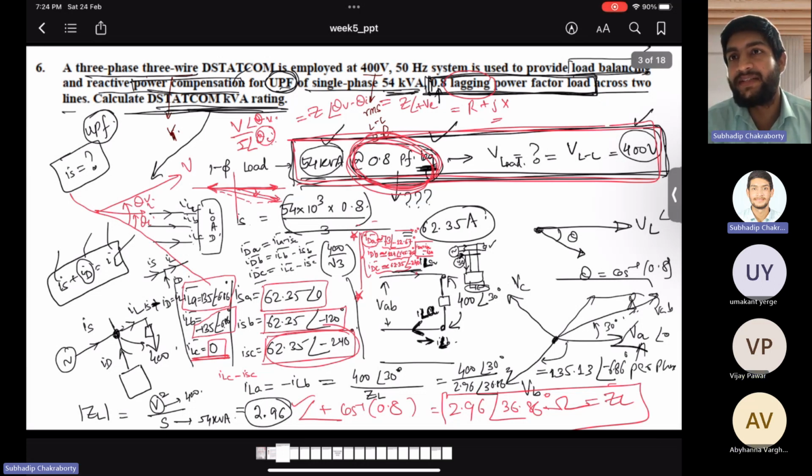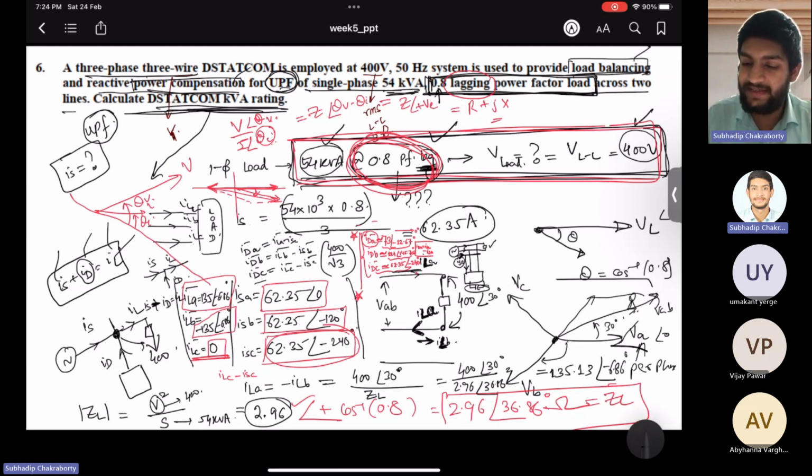But my point was that if your DSTATCOM is used only for injecting reactive power, then how do you decide? The DSTATCOM is like an inverter, right? So it is a voltage source converter, and you have some DC link. When you inject some active power, that DC link voltage, if it is not self-supported, is okay because someone will maintain this DC link.